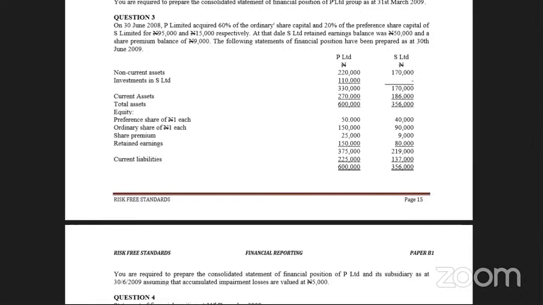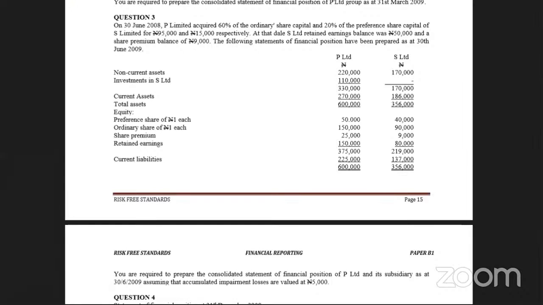You also look at it, it's also telling us that there is information of impairment loss, assuming that accumulated impairment loss is carried at 5,000 naira.